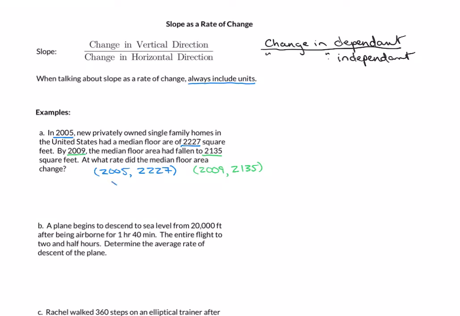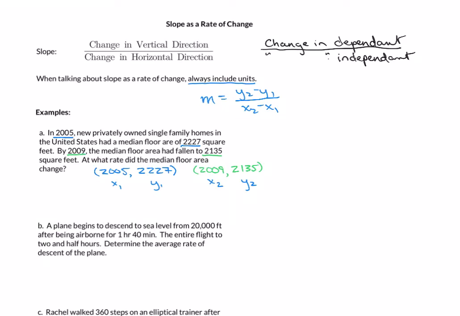So 2 points, again, remember that we want to label our coordinates. We have x1, y1, x2, y2. And if we go ahead and plug into our slope formula, if you don't remember it, it is y2 minus y1 over x2 minus x1.